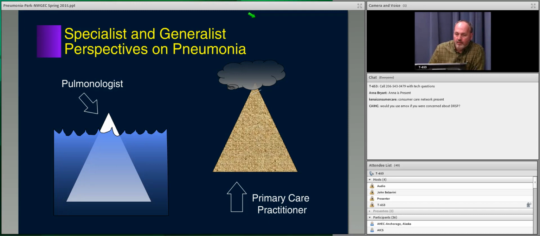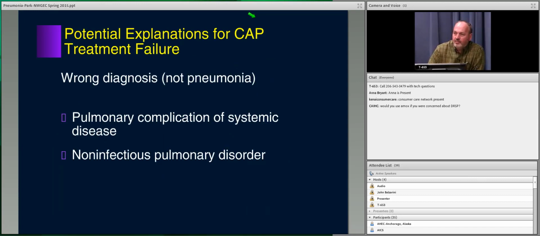First of all, think about getting help, and this is pretty lame, I have to admit. I like the water on the left. The haystack on the right with the needle in the haystack is, anyhow, the point is, you guys are functioning at the primary care level oftentimes, dealing with all manner of different things that come through the door.